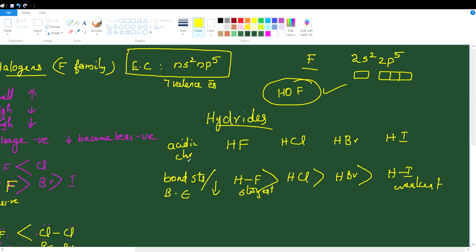So acidic character will be maximum in the case of HI because the bond is weakest, it readily breaks and donates H+ ion. HI is a stronger acid than HBr, than HCl, than HF. HF is the weakest one.